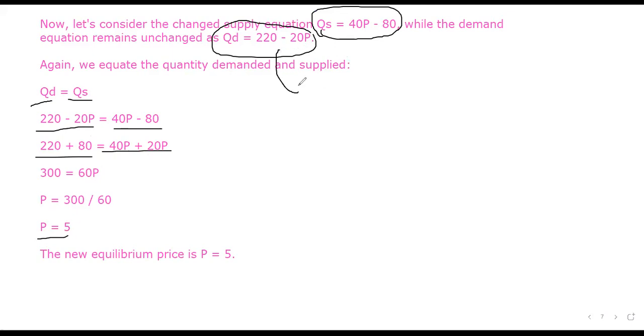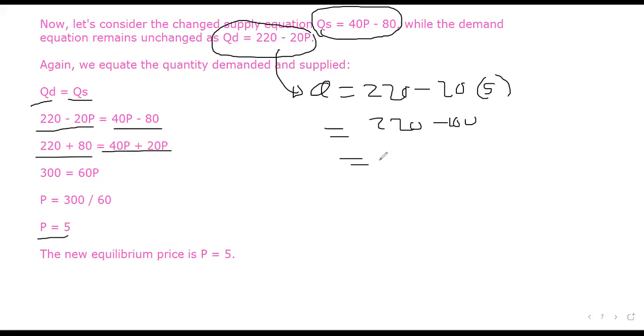Then you can put the 5 into any of these ones here. Q is equal to 220 minus 20P. So that is P with the 5. So that is 220 minus 100, which is 120. If you want, you can put it in here. Q is equal to 40P.